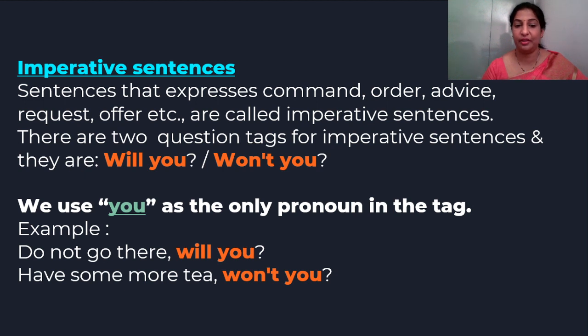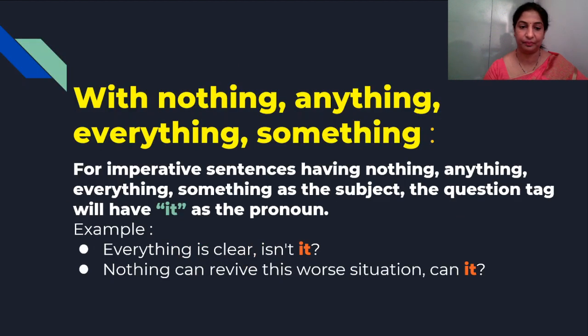So you can observe here, the question tags are ending with you. You is the only pronoun we use in the imperative sentences. When the sentence is starting with everything, nothing, we have to use it as a pronoun.